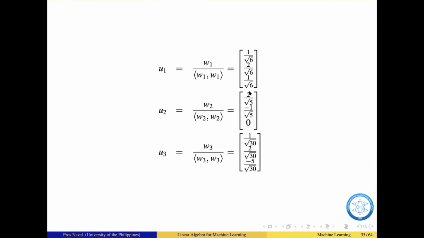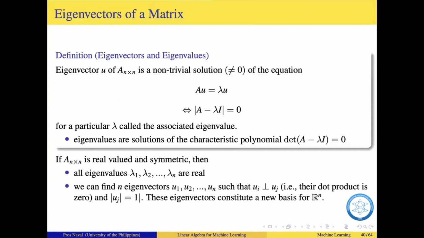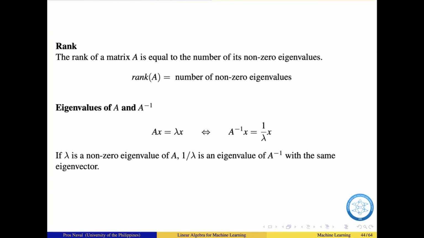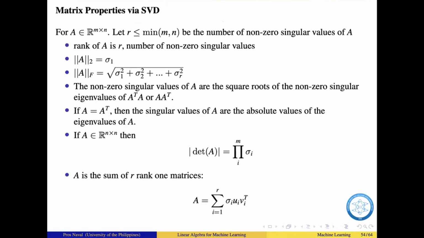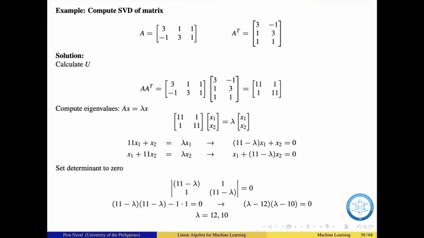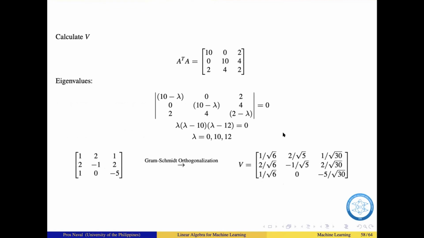So these are the three vectors that now constitute your V matrix in our SVD example. Okay, so these are the very same values that we got earlier in our GSO example. So now, of course, we need to transpose this.